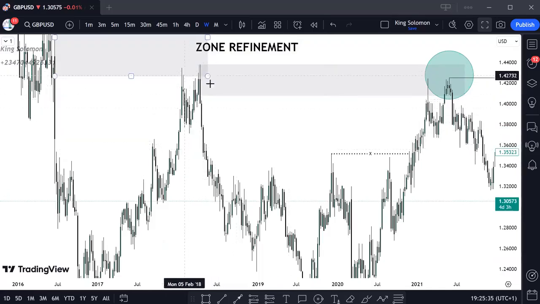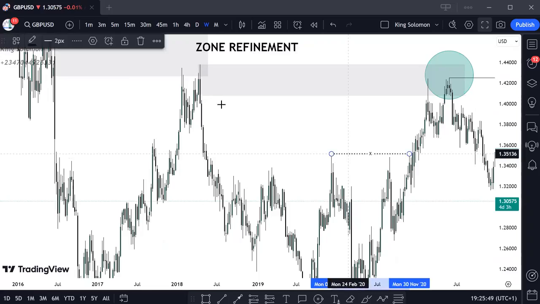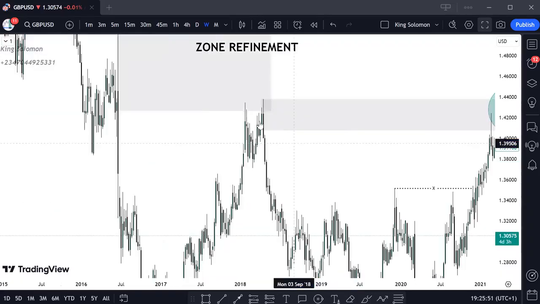No. So we're going to use this one here. Imagine if there's something like this around here and there's another one here. Price goes with the closest valid POI after an inducement point, after a liquidity point, all right, liquidity level.